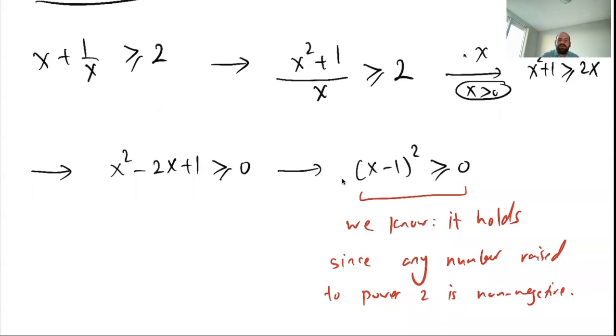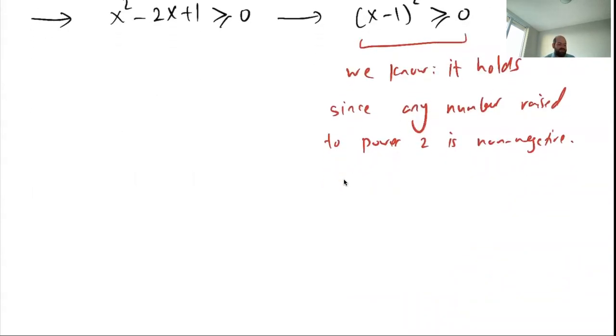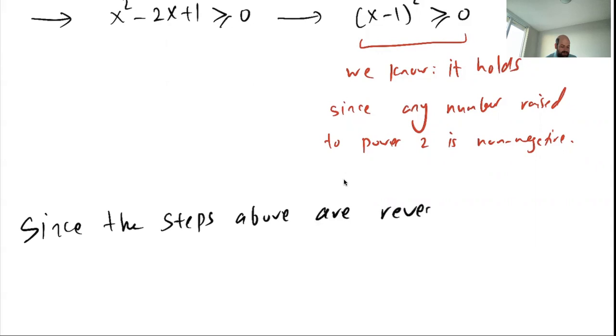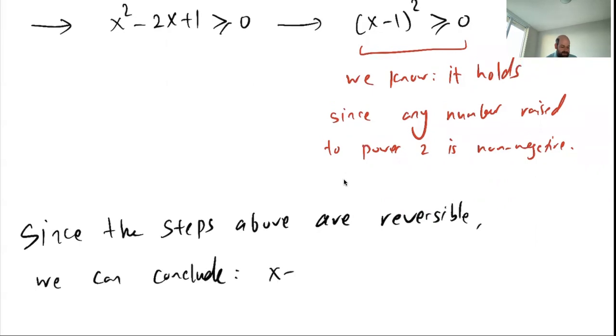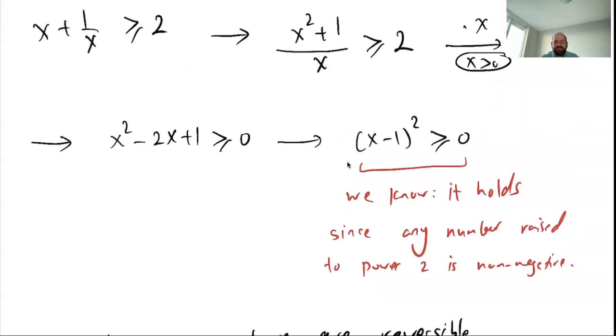So after you reach this step, you can write down that since the steps above are reversible, we can conclude that x plus 1 over x is bigger than or equal to 2 for x bigger than 0. Why are the steps reversible? Well, that's very easy to check.